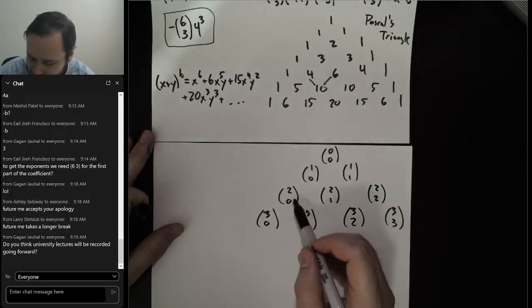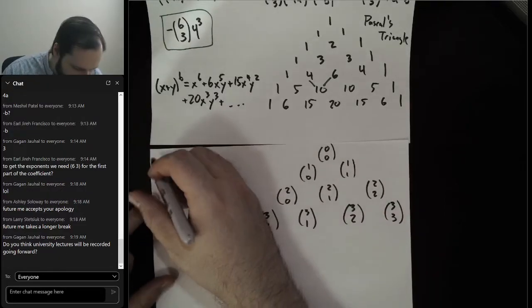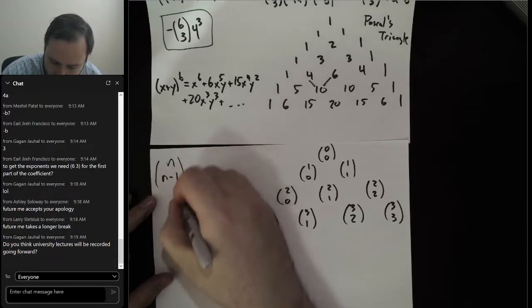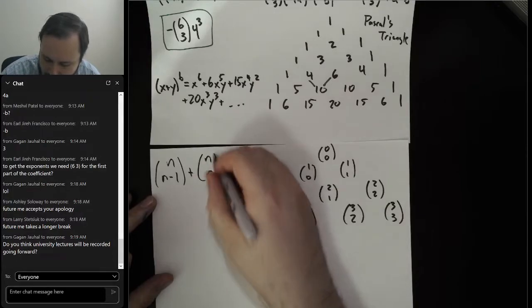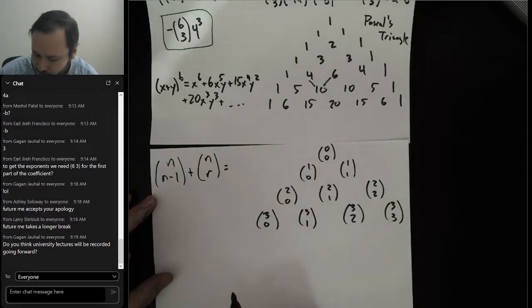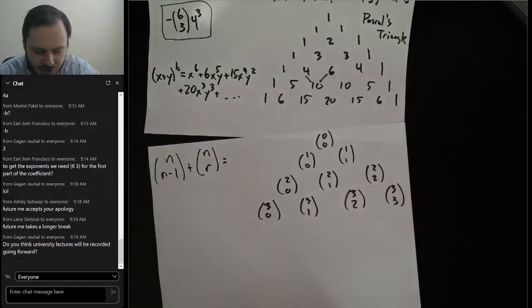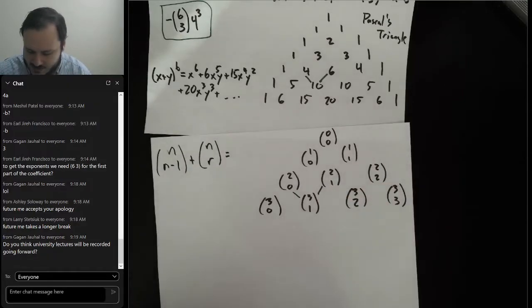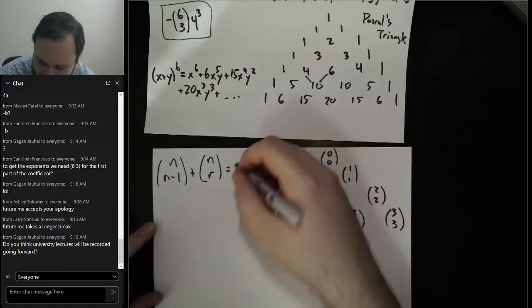This suggests if I pick two coefficients, something like n choose r minus 1 plus n choose r, if I add these two together, I should go down a row, so my n is going to increase, and I get that choose r again.